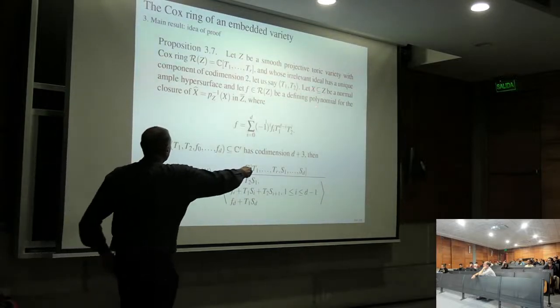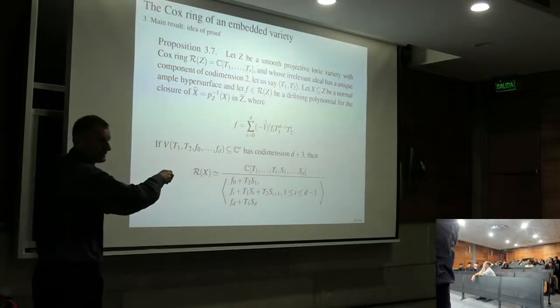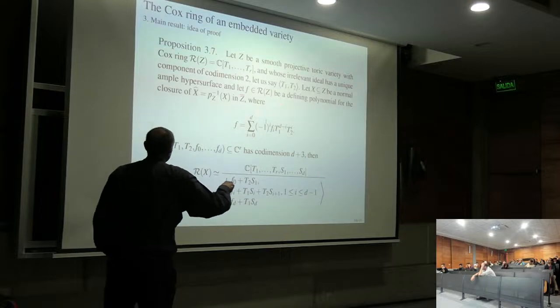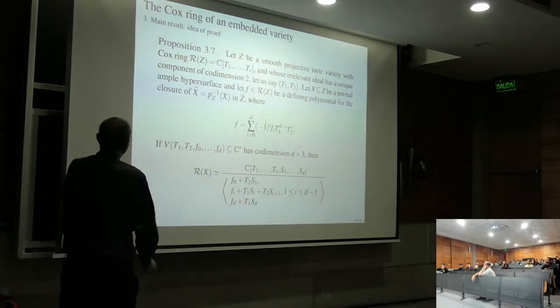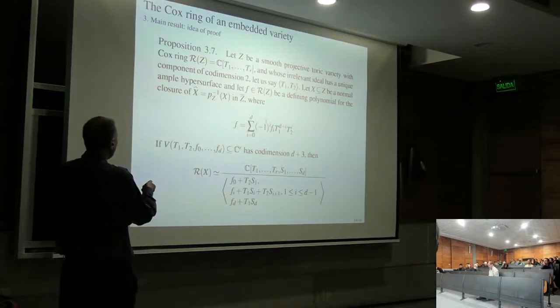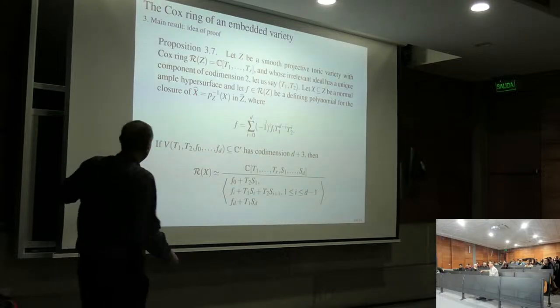Okay, anyway. Then you take X, which is a normal ample hypersurface, whose defining polynomial in Cox coordinates is f. This means that f is a defining polynomial simply for X hat, as I defined it before.